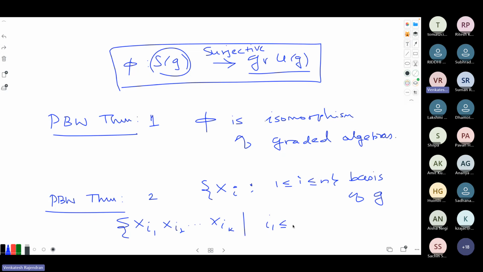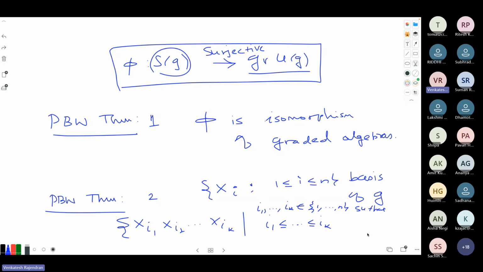You can demand that these indices are increasing: these i1, etc., ik all lie inside 1 to n, such that they are increasing.